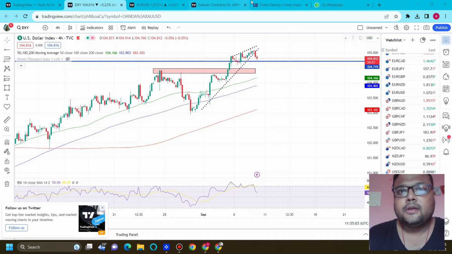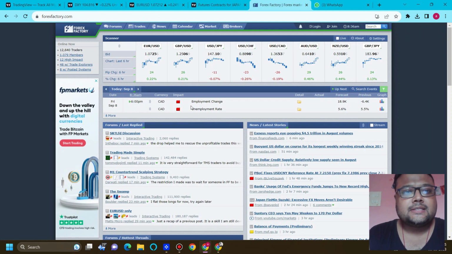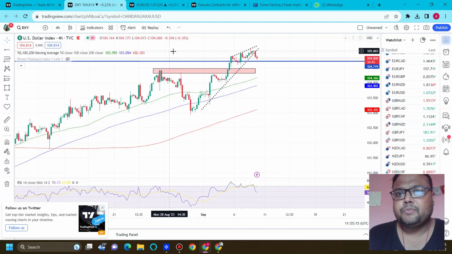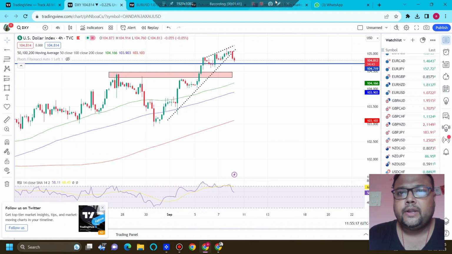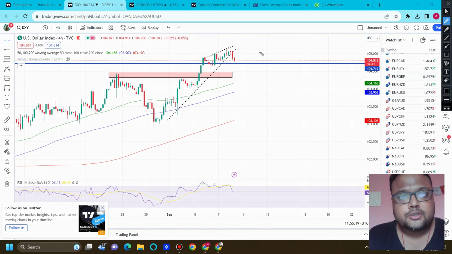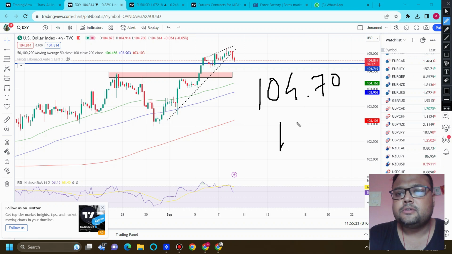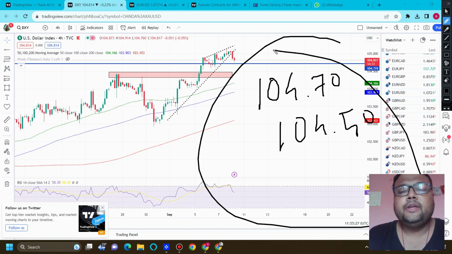technicals. And if you look at the economic calendar, you can see that today, Friday, 8th of September, we don't have any news that will bring a trend reversal on the chart of DXY. So we can expect that during the day, if DXY goes down also, it will get support around 104.70 or 104.50, and there should not be a free fall on the chart.